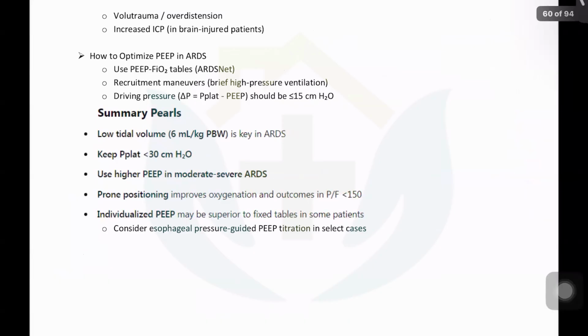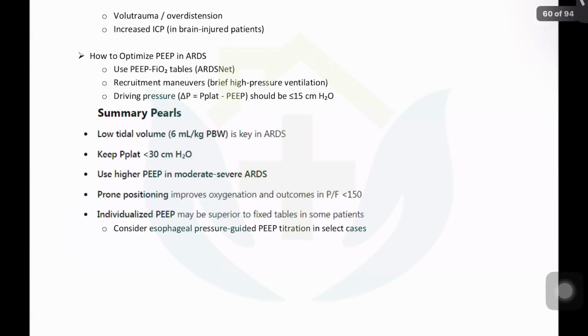How to optimize? Use the PEEP FiO2 tables from ARDS net. Use recruitment maneuvers, which is a brief high-pressure ventilation, provided that you keep the driving pressure less than 15 centimeters at all times. Now, you need to remember that low tidal volume is needed. 6 ml per kg body weight is the key in ARDS. Keeping plateau pressure less than 30 at all times.